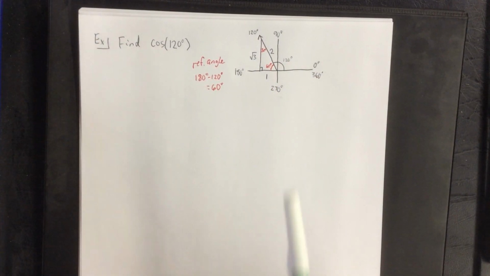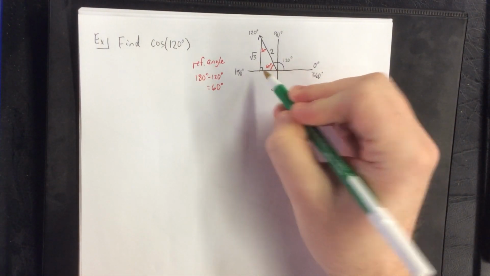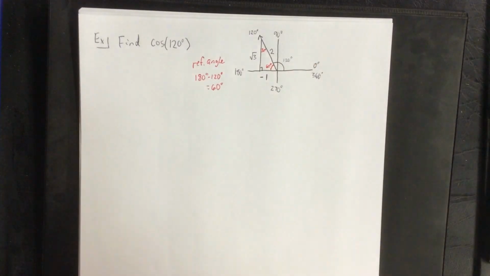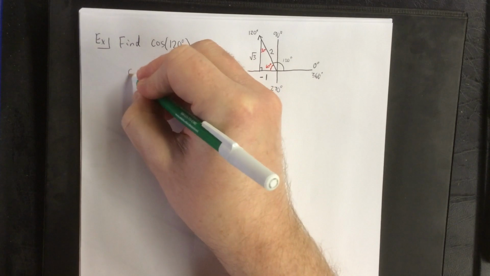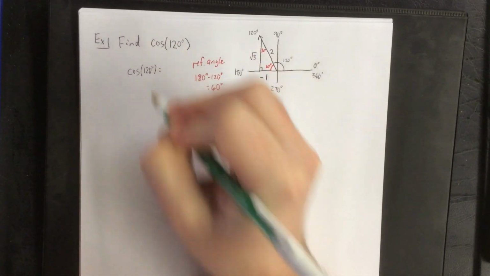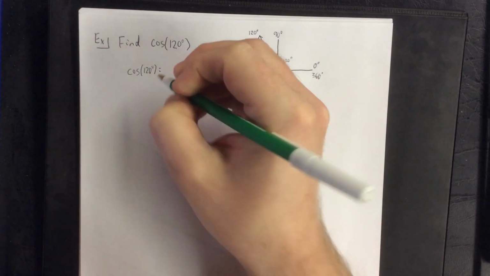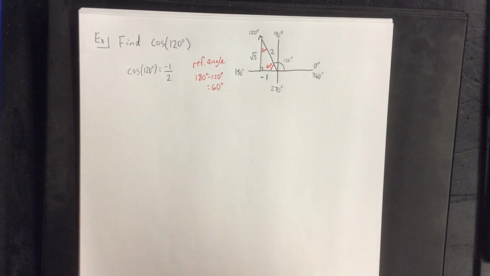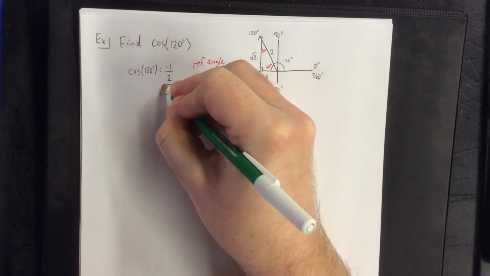However, we're in quadrant 2, and in quadrant 2, anything that is over on the left-hand side should be considered a negative value. So with that in mind, if I'm interested in calculating the cosine of 120 degrees, then I am going to need the adjacent side from our reference triangle over the hypotenuse. The adjacent side is -1, the hypotenuse is +2. Final answer for this one is going to be -1/2.